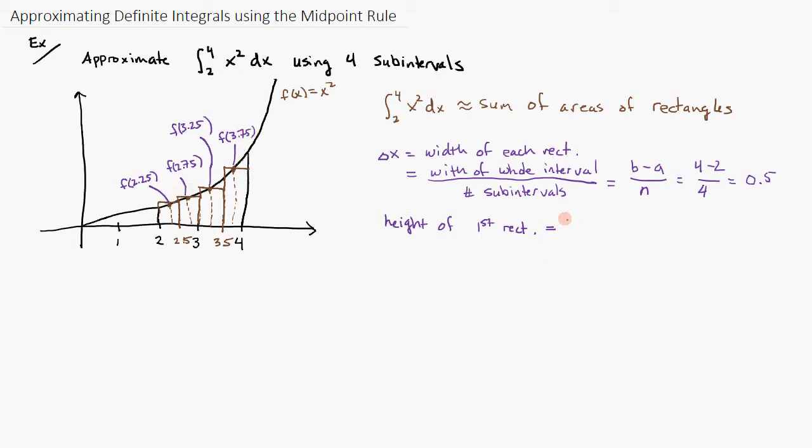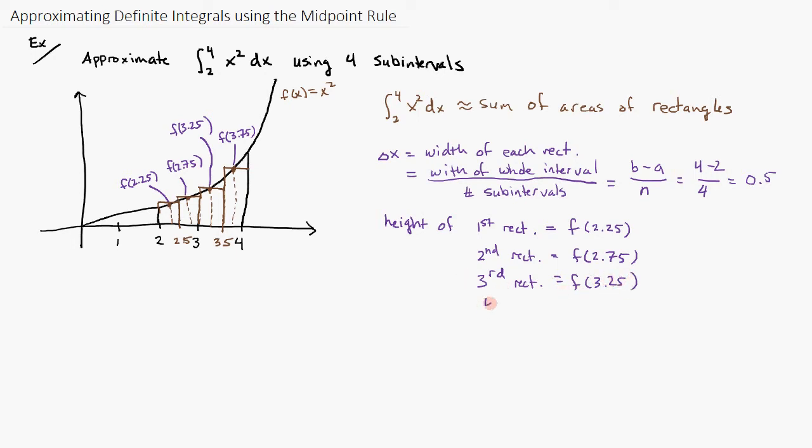Again, the height of the first rectangle should be the function value at the first midpoint, which is 2.25. The second rectangle would be the function value at 2.75. The third would be the function value at 3.25.